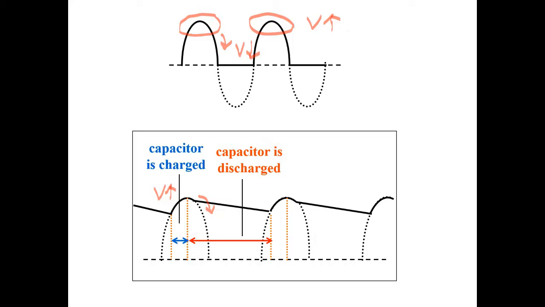Then you can see the graph here. This part is the capacitor supplying the energy, and this is the energy from the source, not the battery, from the power supply, because we are using AC. So this is the capacitor charging, and this is where the capacitor discharges.